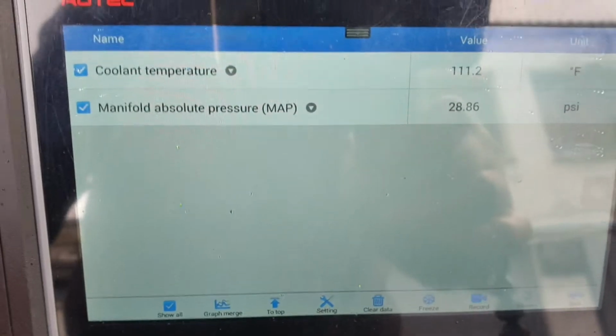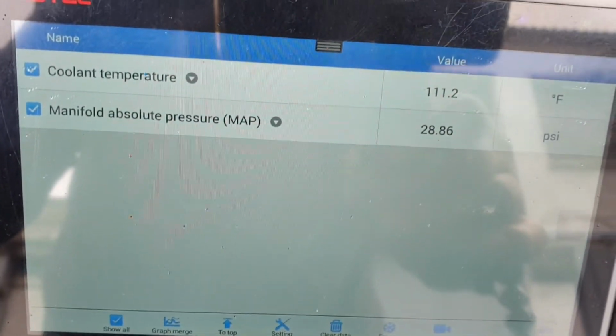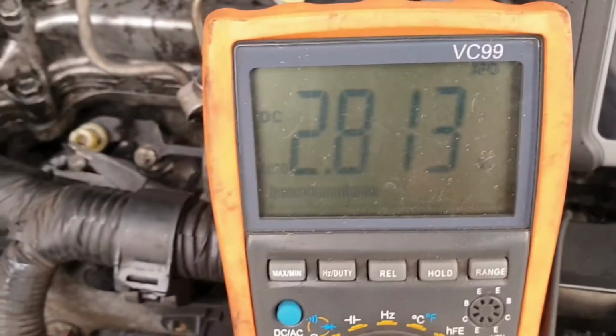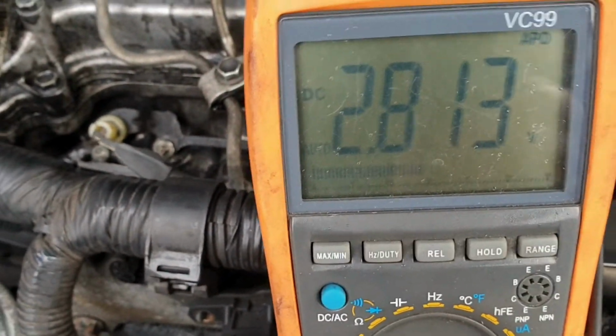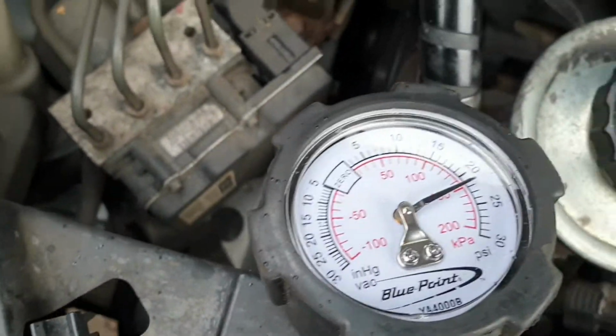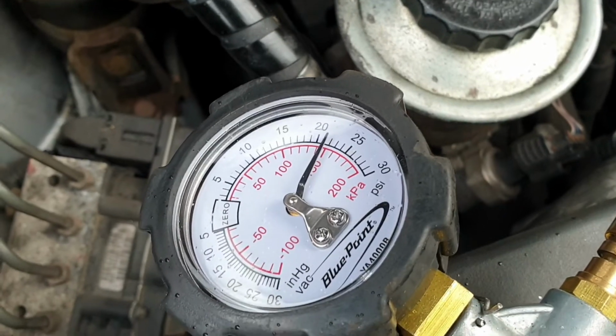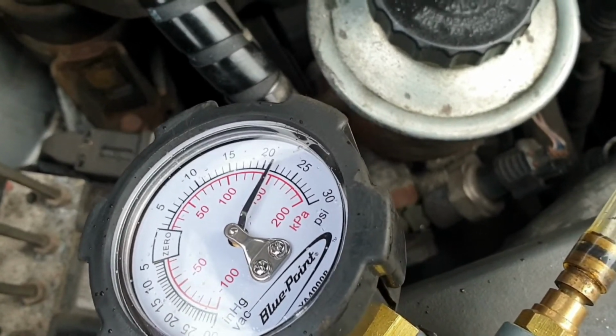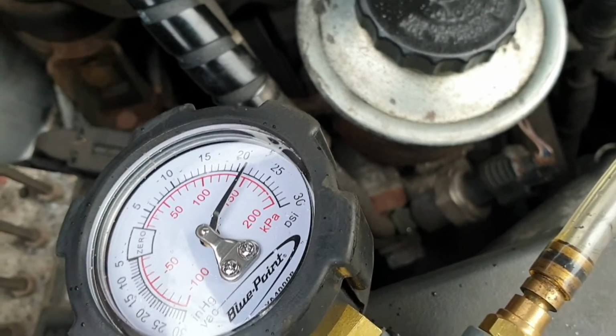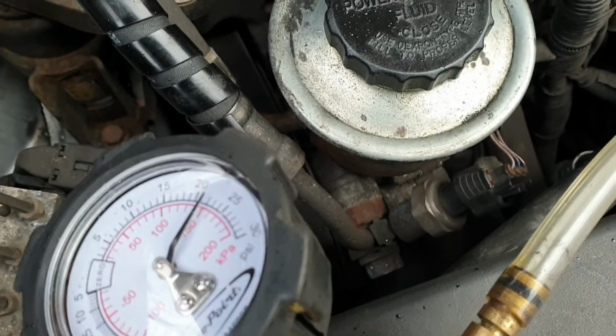So as you can see, it's 28.86 psi with the sensor output voltage 2.8, and inside of the manifold the pressure is 20 psi.